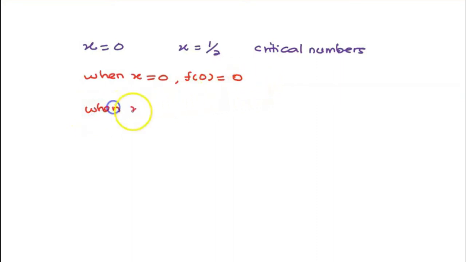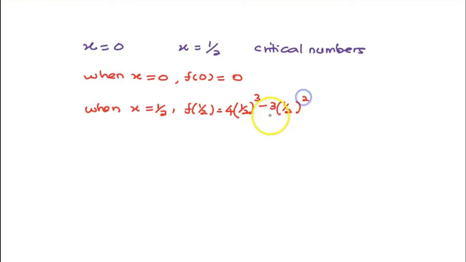Whereas, when x equals 1 over 2, f of 1 over 2 is a substitution into function f, where this will be 4 times (1 over 2) cubed minus 3 times (1 over 2) squared, and this will give us the value negative 1 over 4.